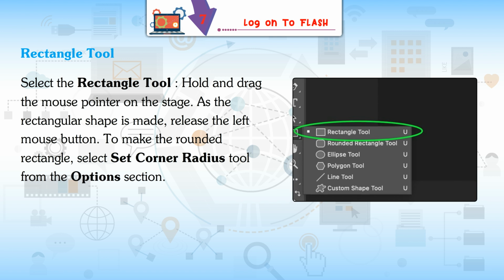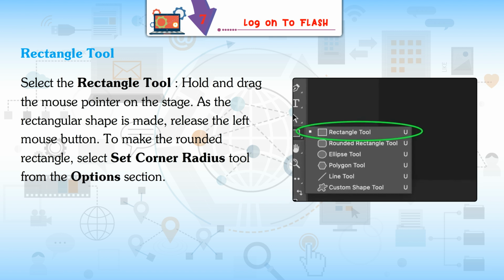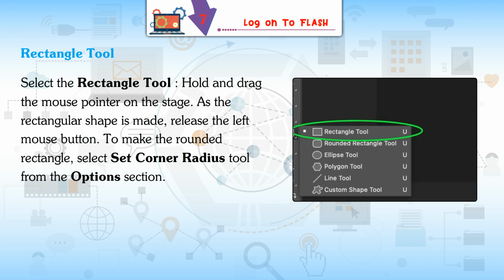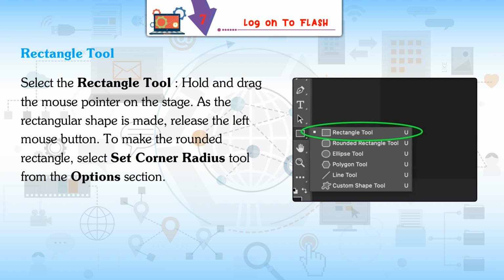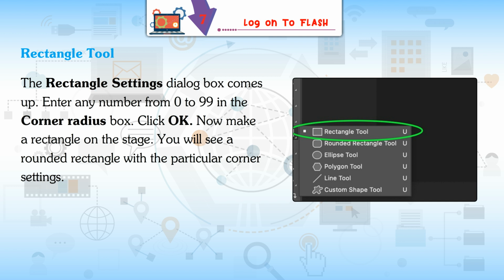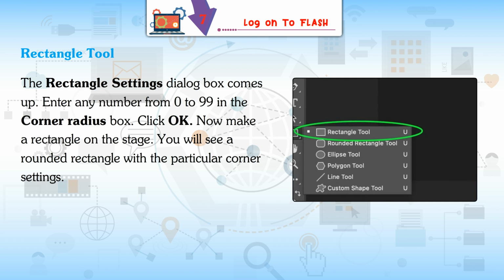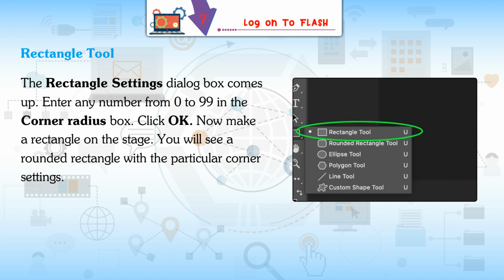Select the Rectangle tool. Hold and drag the mouse pointer on the stage. As the rectangular shape is made, release the left mouse button. To make the rounded rectangle, select the Set Corner Radius tool from the Options section. The Rectangle Settings dialog box comes up. Enter any number from 0 to 99 in the corner radius box. Click OK.